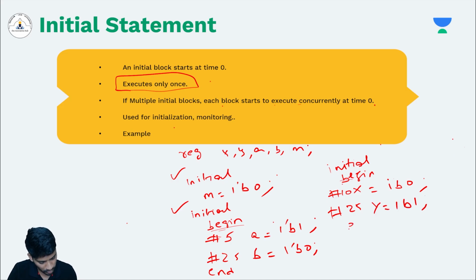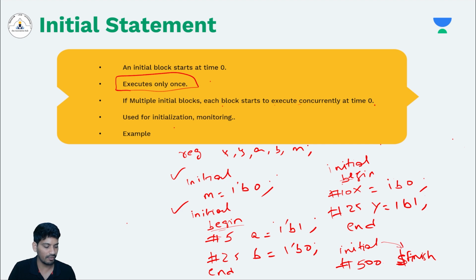I have begin, so I need to end this, and I can write one more initial statement like this. Initial, let's say after 500 nanoseconds, I want to finish my program. I don't always need to finish the program separately; I can write it inside the initial block. After 500 nanoseconds, it will automatically terminate the program.